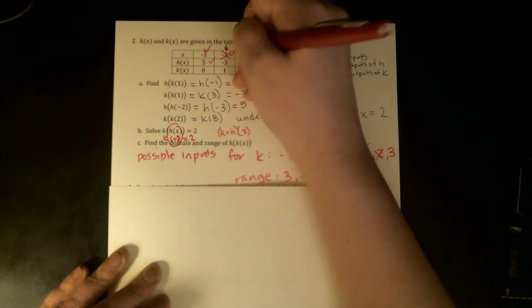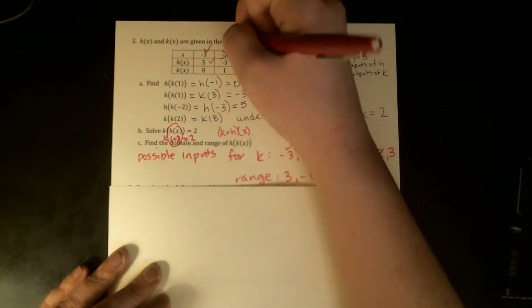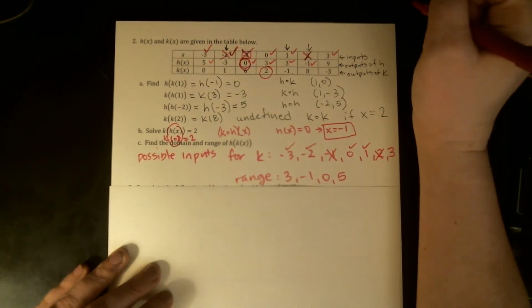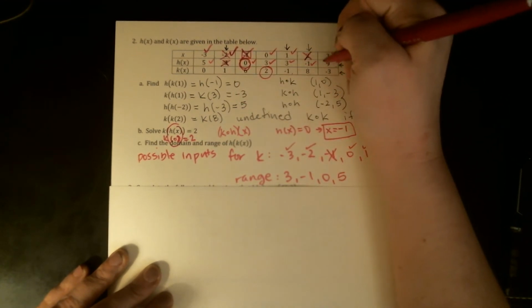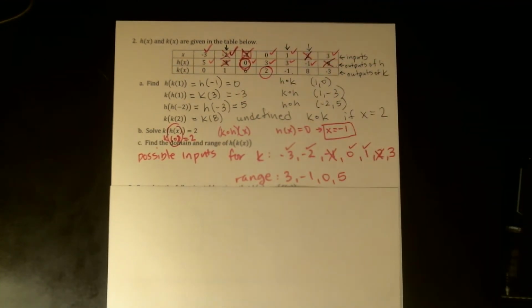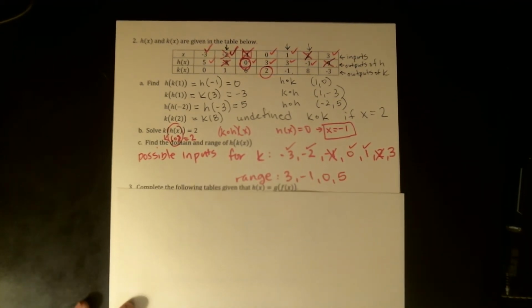We were not able to use -1 or +2, so this was okay. And in the range, we never managed to get to the -3, and we never managed to get to the 9. So the domain and range for the composition will be some subset of the domain of the inner function and the range of the outer function.